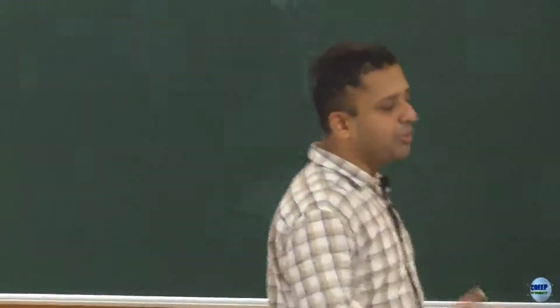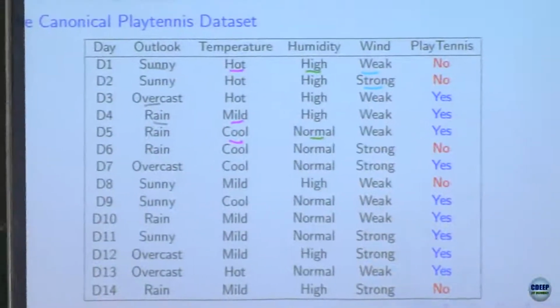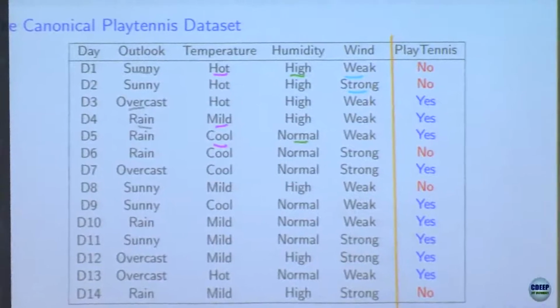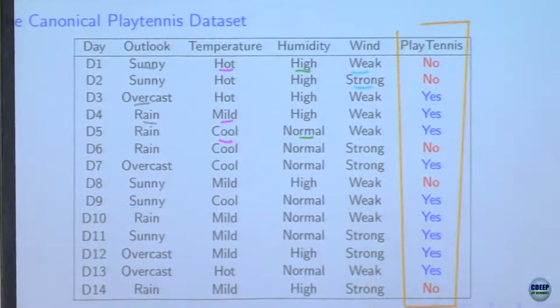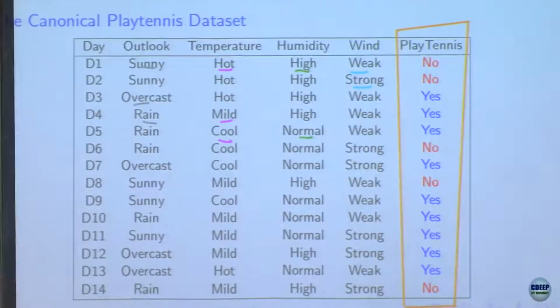So the decision to be made is whether to play tennis or not. This is the dependent variable of interest. And you're looking at, let's call these phi 1, phi 2, phi 3, phi 4.